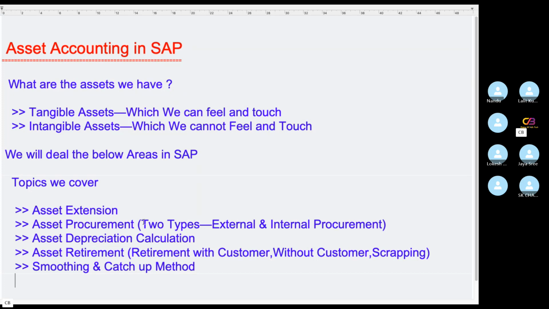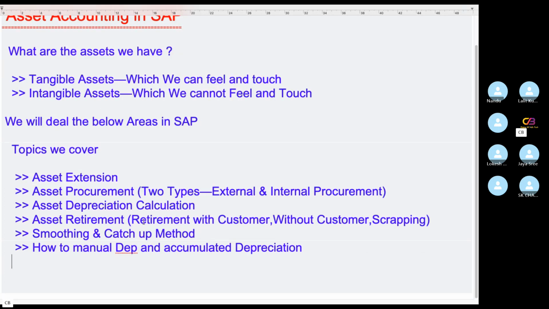Then how to post manual depreciation and accumulated depreciation manually. Also we'll discuss accumulated depreciation for multiple assets through LSMW, so we can upload depreciation for multiple assets.